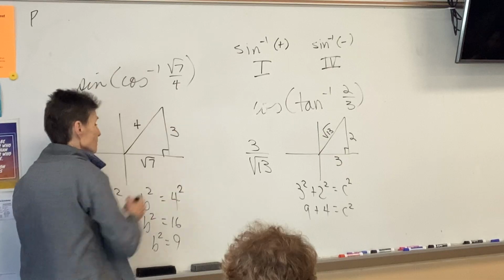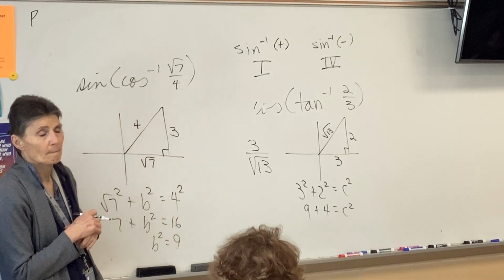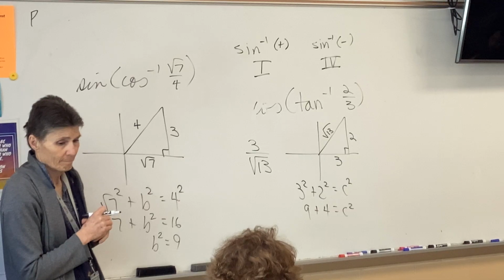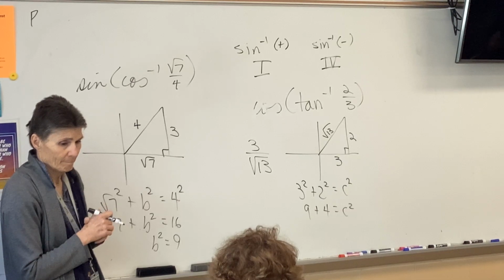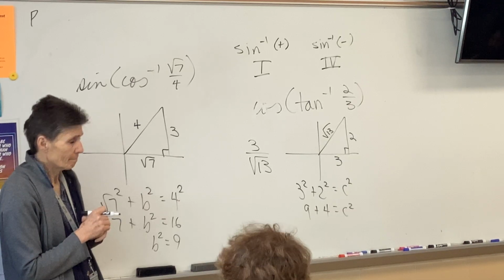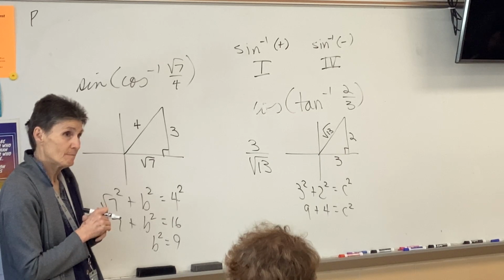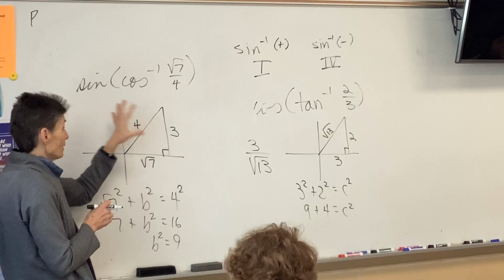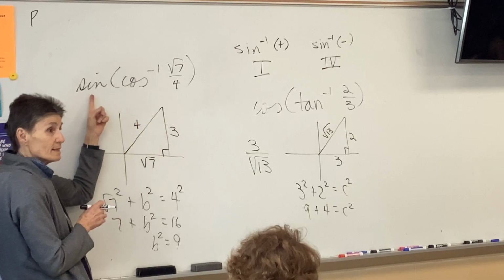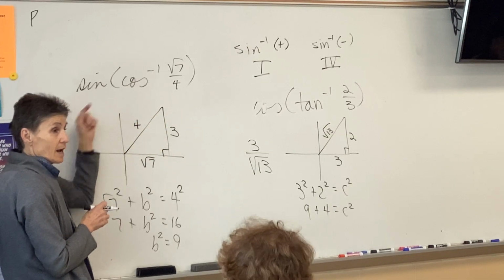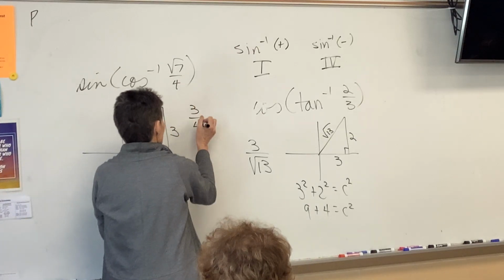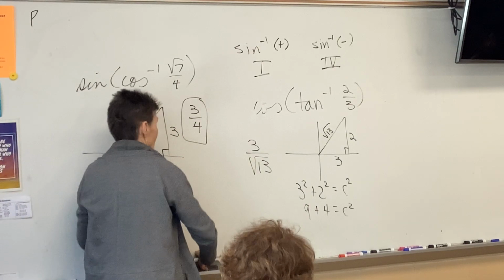Did you get 3? Everybody get 3? Now answer the question. The question says, okay, for that picture, what is the sine? What is the sine? So the answer to the problem is 3/4.